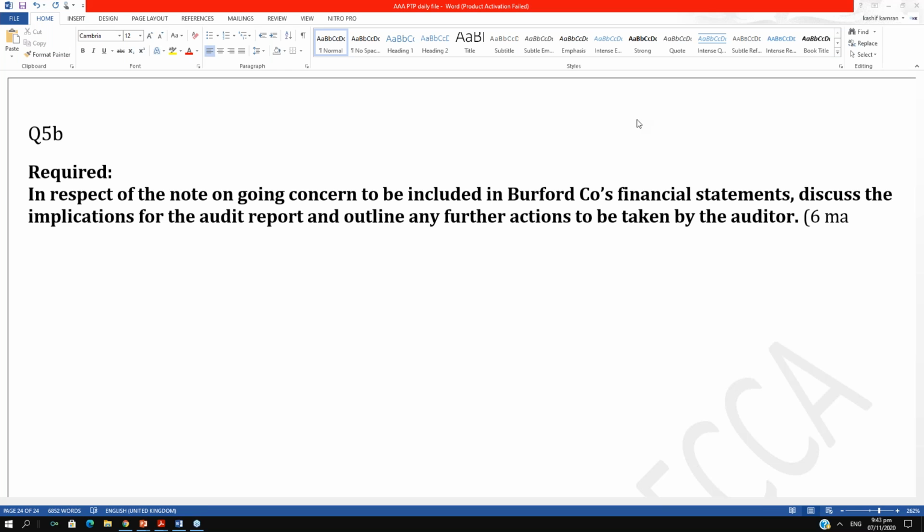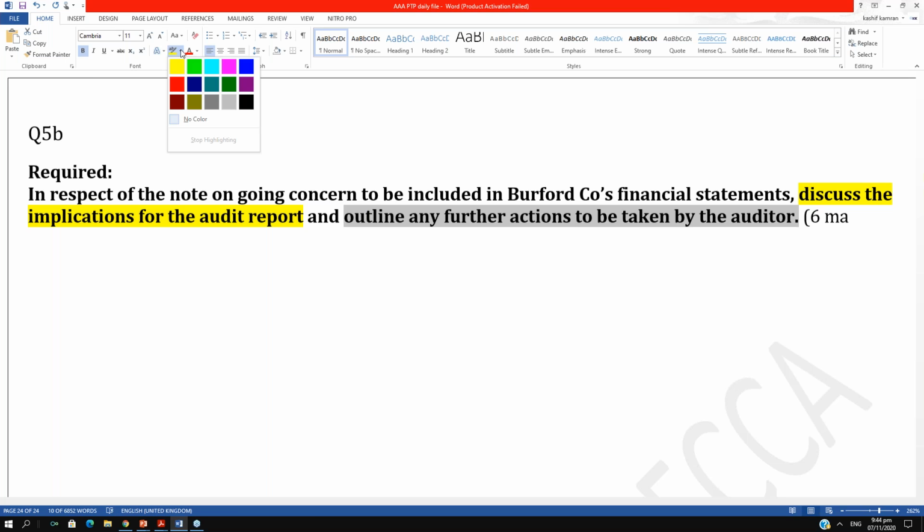Second requirement: in respect of the note to be included in the Burford Company's financial statement, discuss the implication for the audit report. Do you believe this is the first requirement, discuss the implication for the audit report? And the second requirement is outline any further actions to be taken by the auditor.